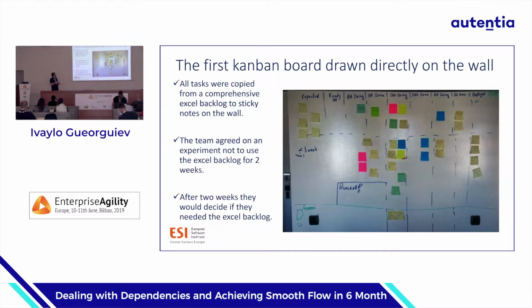What they did, these are the requests, the same requests that are in the ERP system of the organization, but because they were of very different size, they put a policy here, a very initial policy. If we can complete it as a team in 1 week, we keep it here. If not, we break it down into features that should be completed in 1 week. And you see, when they are doing BI, business analysis, then they break it down into features.